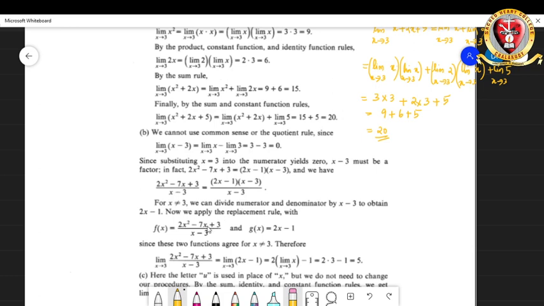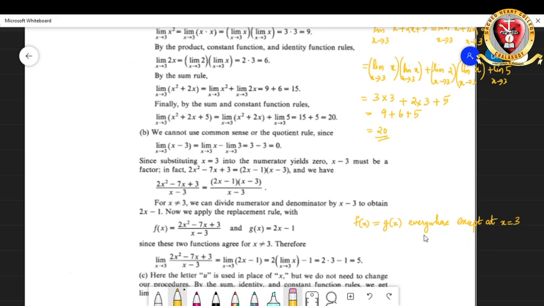That means we know that f of x is equal to g of x everywhere except at x equal to 3.